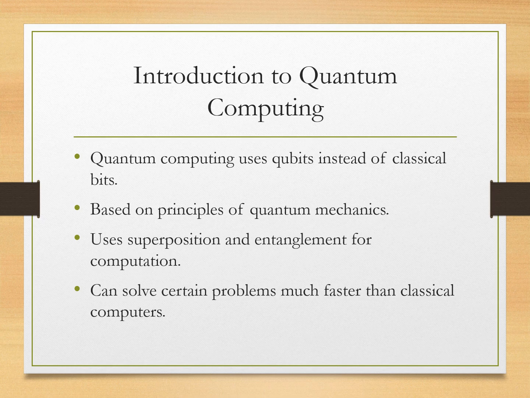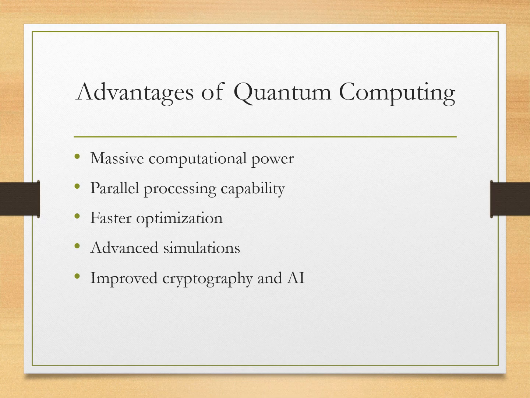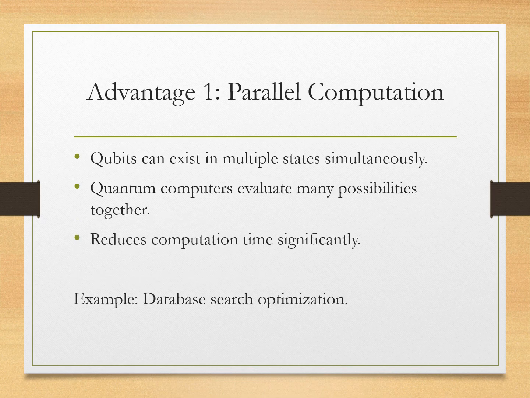Coming to the advantages of quantum computers, as they use qubits, the data can be processed very quickly, a massive computational power, and at the same time parallel processing can be done, which helps in faster optimization, advanced simulations, improved cryptography and AI.